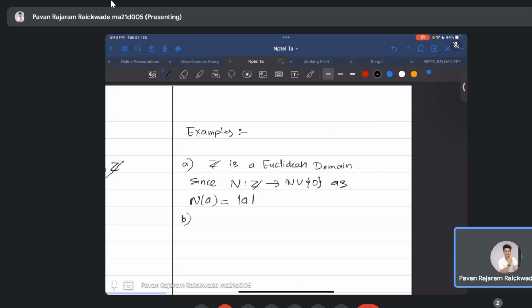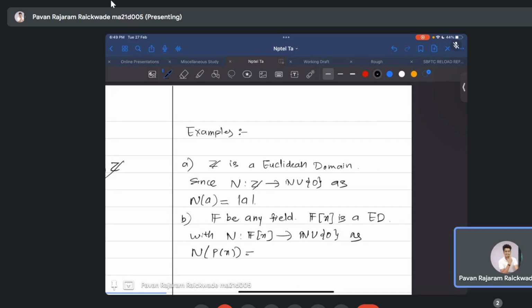Similarly, if you take F to be a field, then F[x] is a Euclidean domain, we write it as ED for short, with n of any polynomial p(x) being the degree of p(x), right?